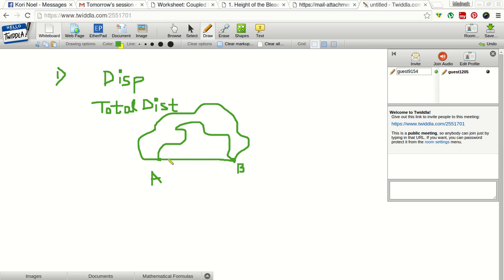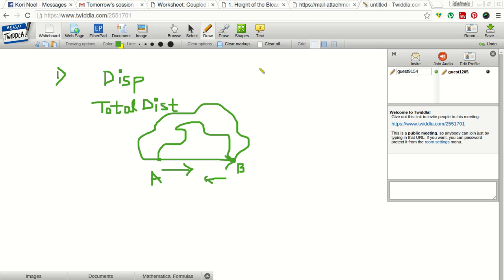Yes. And in general we associate displacement with a direction. So A to B is this particular direction, and B to A is this direction. Is that understood? Yeah.